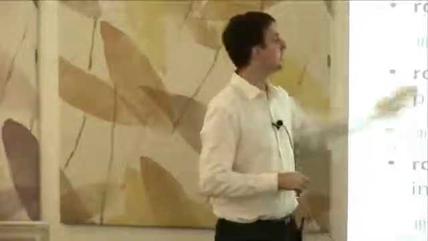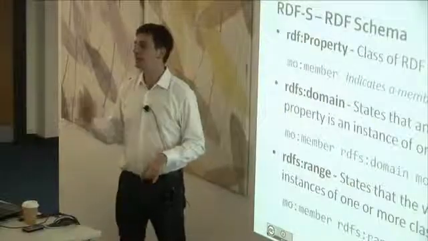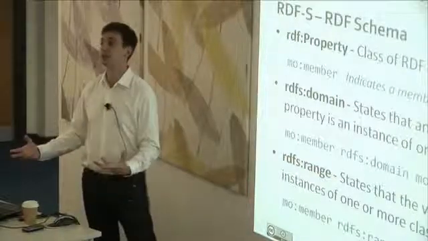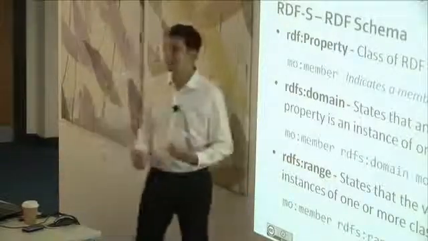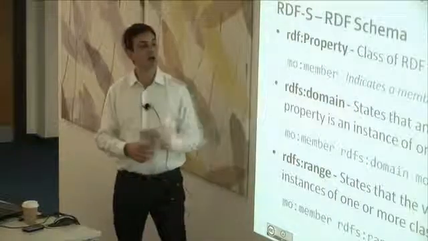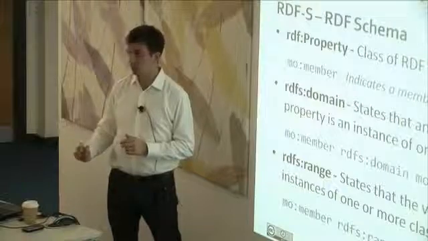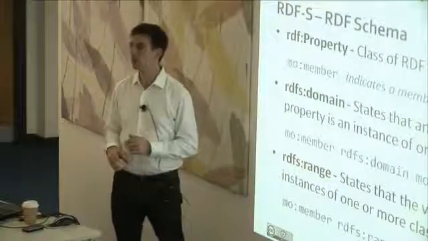Okay? So we can say MO member is a RDF property, but that's something the vocabulary does for us. Okay? Another thing the vocabulary does, as well as defining this as a property, is to use RDF schema to attach another couple of things to this property.